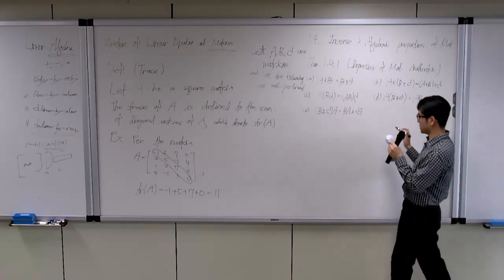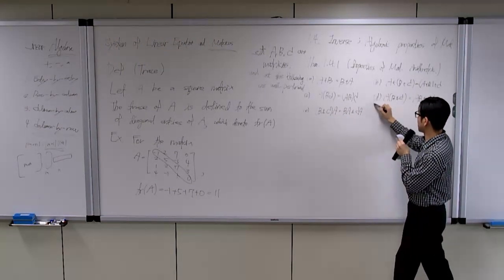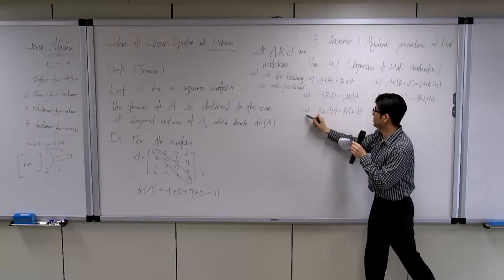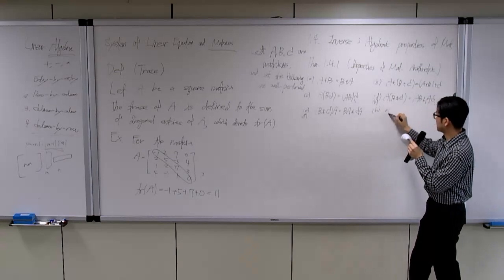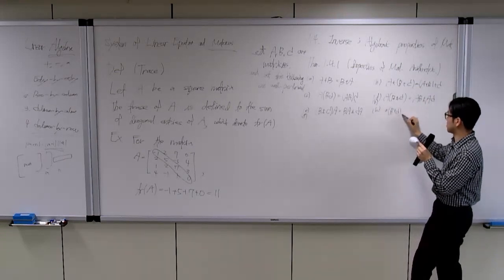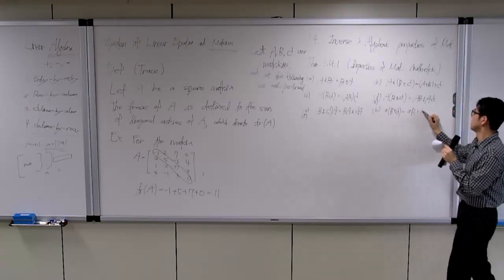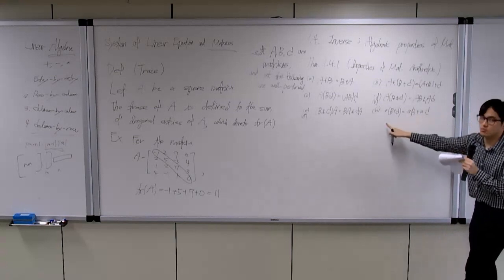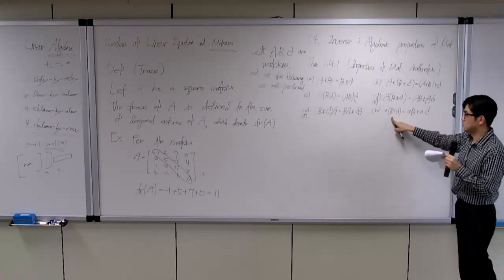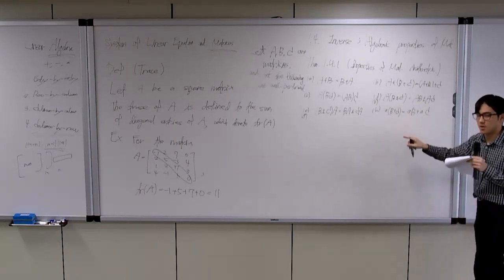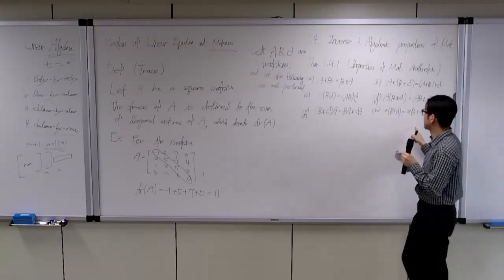Scalar multiplication is easier to show, because it is multiplied to each entry.